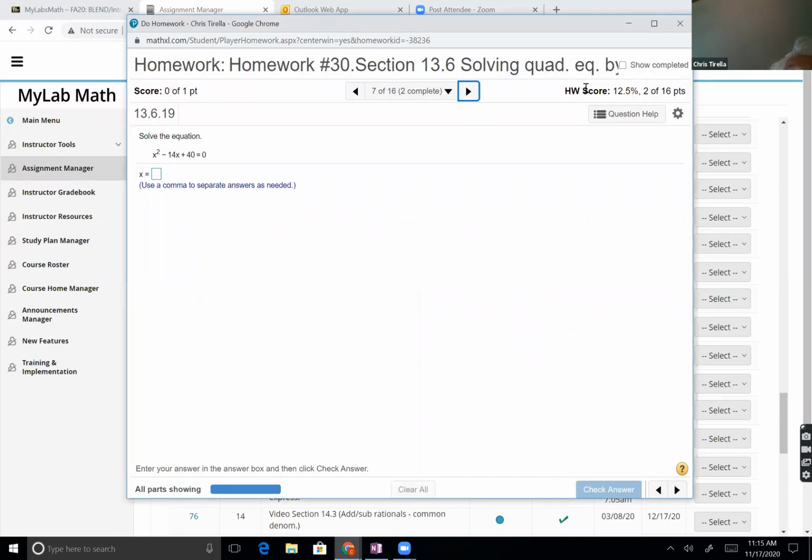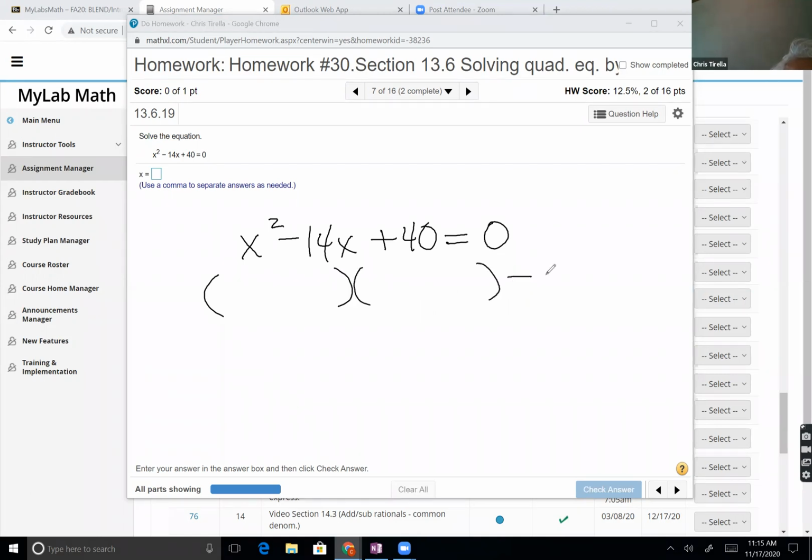But now I get ones that are a little bit more involved because they're not factored. So here I have x squared minus 14x plus 40 equals 0. One side is 0, so that much is done for us. But now over here we have to factor this trinomial. How would you folks factor x squared minus 14x plus 40? I'll do the hard part.